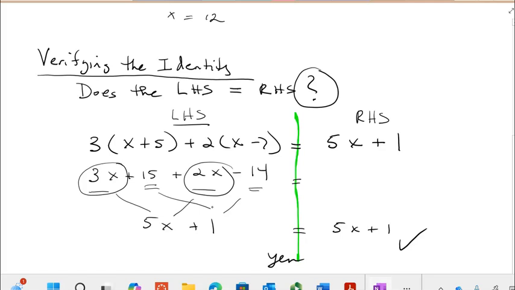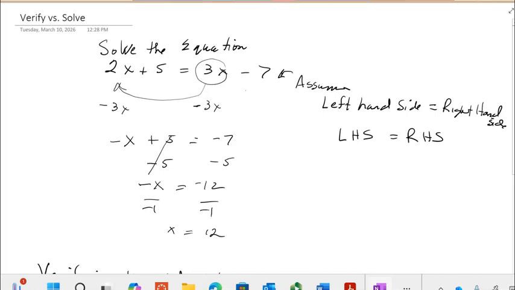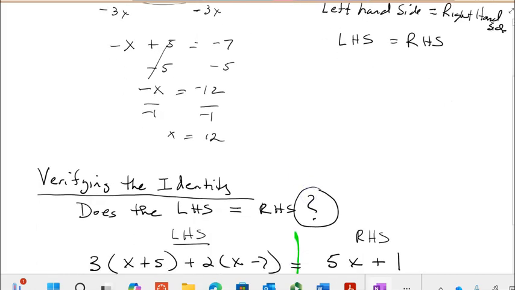Okay? When you verify an identity, you're only allowed to work on the left-hand side or the right-hand side. You cannot go across the equal sign. When you are told to solve an equation, that's a different story. You can apply properties like the additive or multiplicative inverse properties, meaning I can divide both sides. It's that idea of the scale.